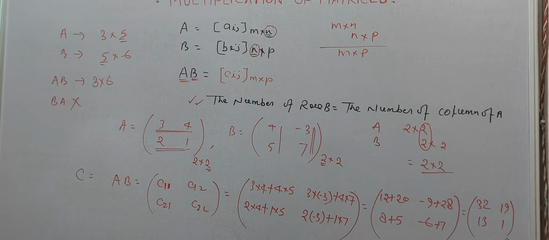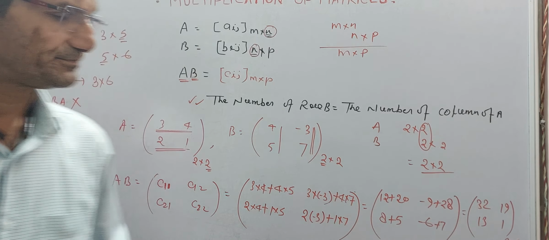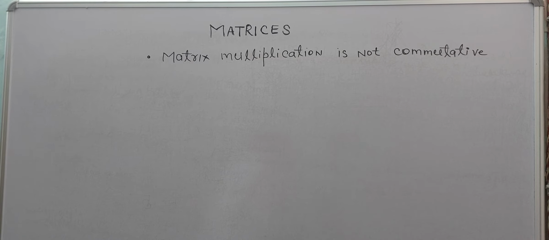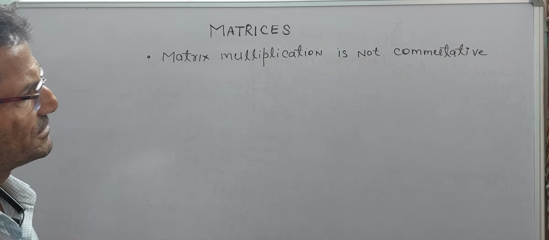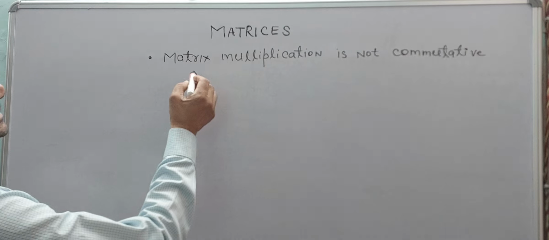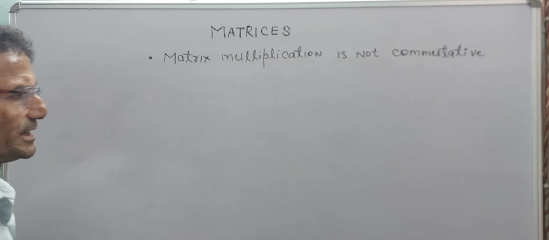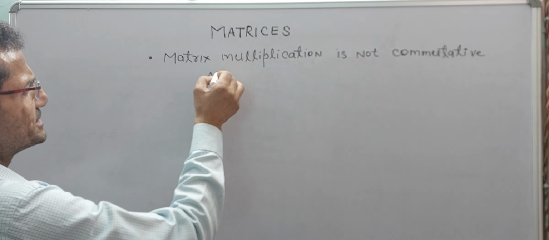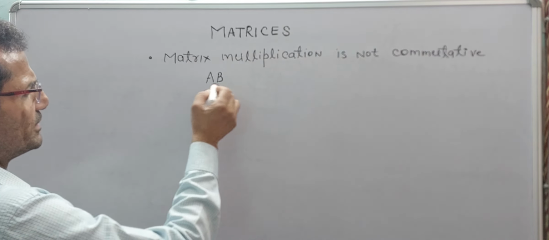So now we go to matrix multiplication and some properties of matrix multiplication. In this case, matrix multiplication is not commutative. It is not necessary that if AB is defined, BA is also defined.